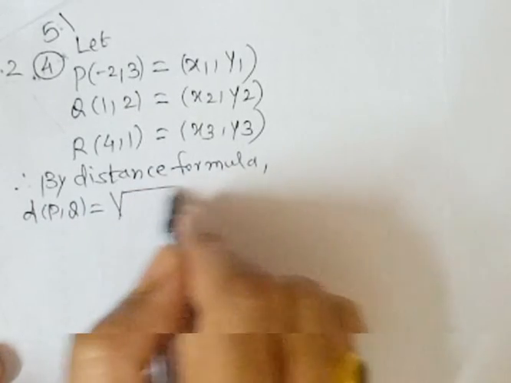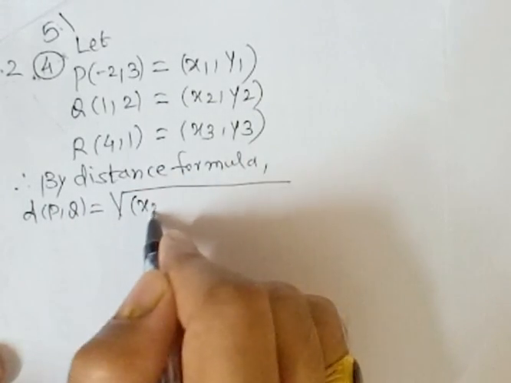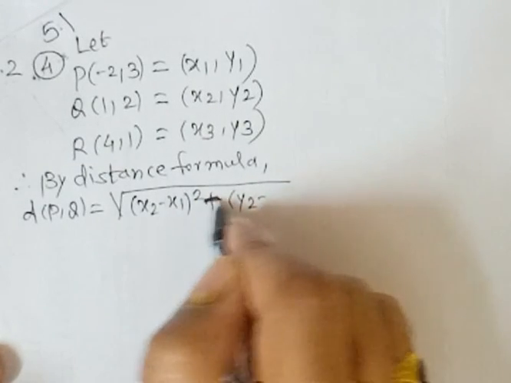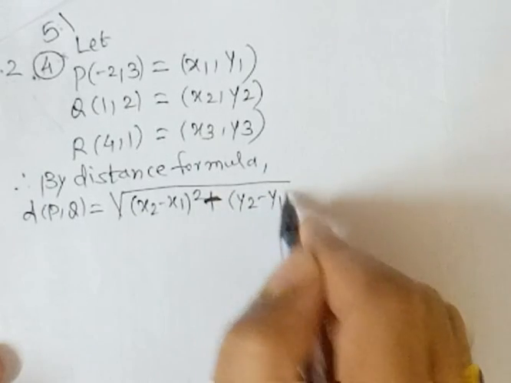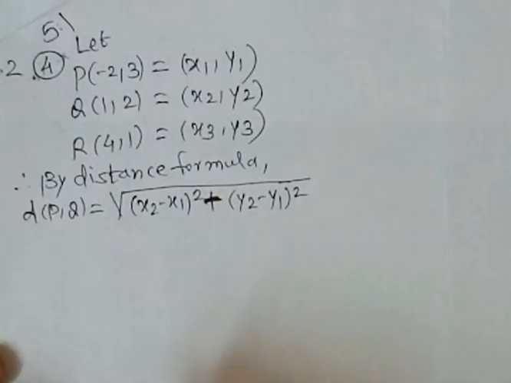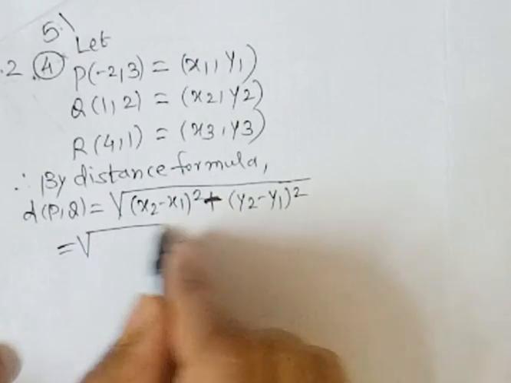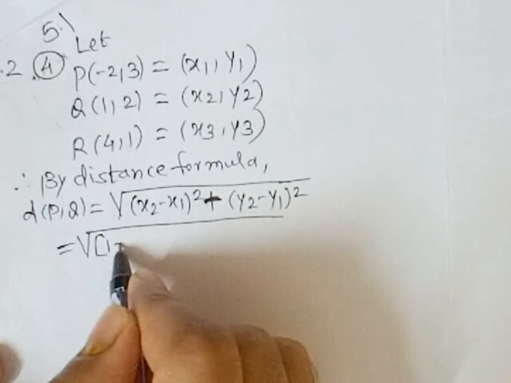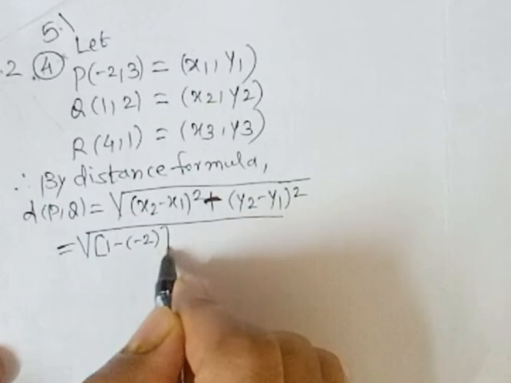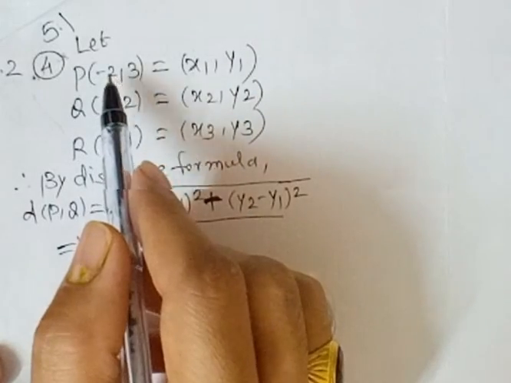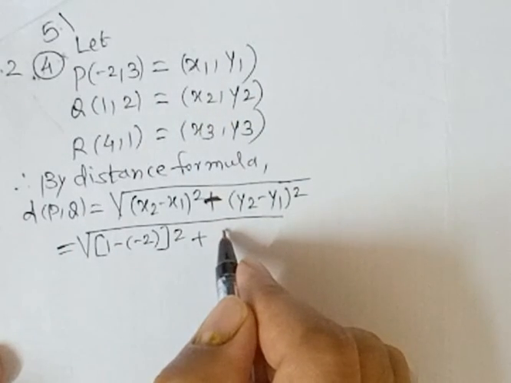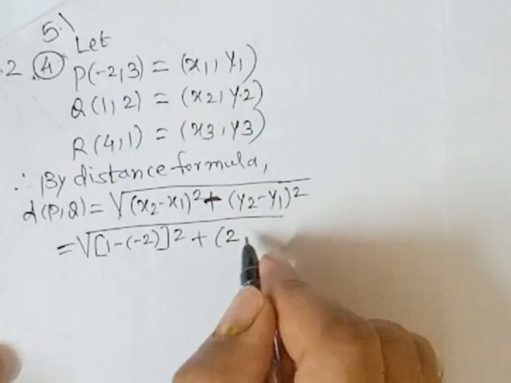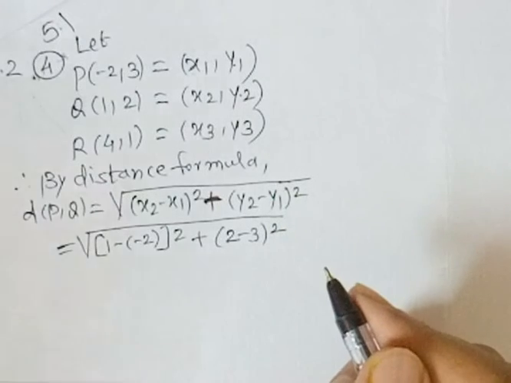is equal to under root (x2 minus x1) whole square plus (y2 minus y1) whole square. Now x2 is 1 minus x1, which is minus 2, whole square, plus y2 is 2 minus y1 which is 3, whole square.